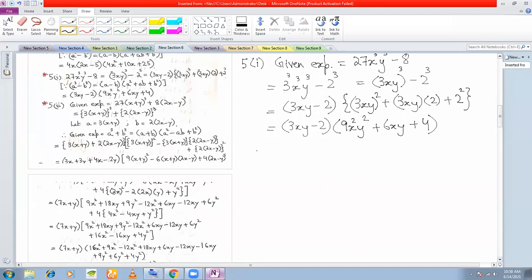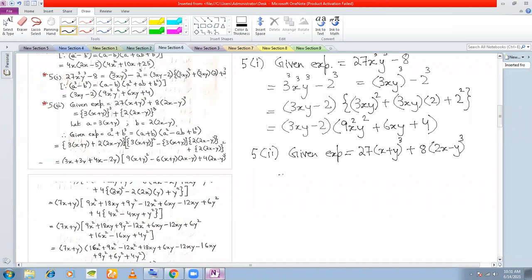Next, we are going to work out 5.2. Given expression here is 27 x plus y whole cube plus 8 2x minus y whole cube.